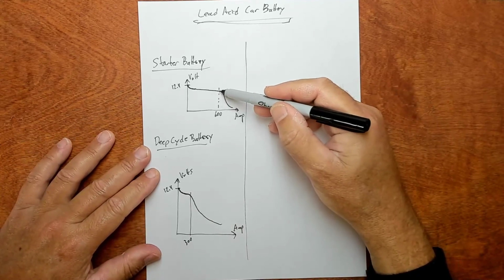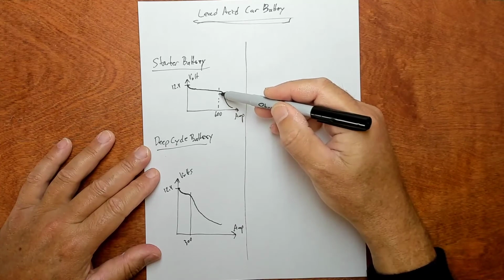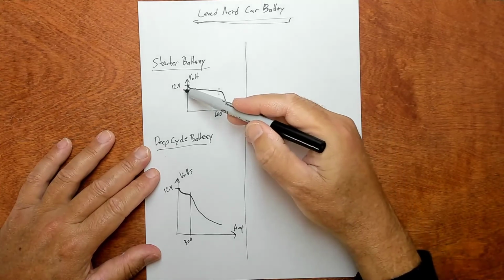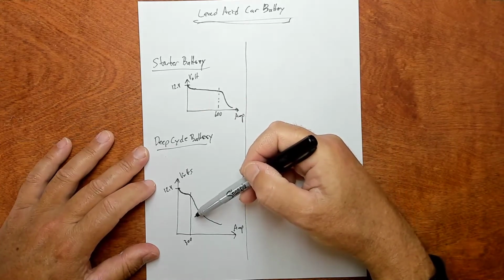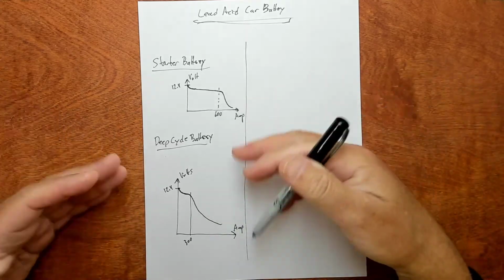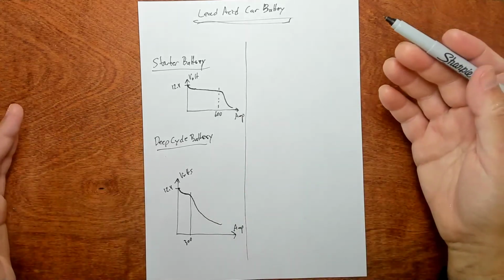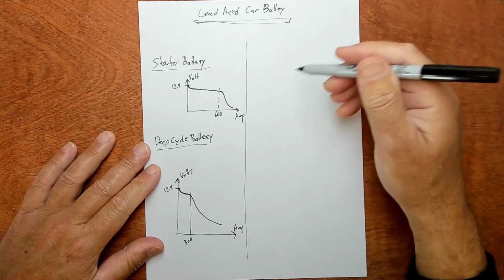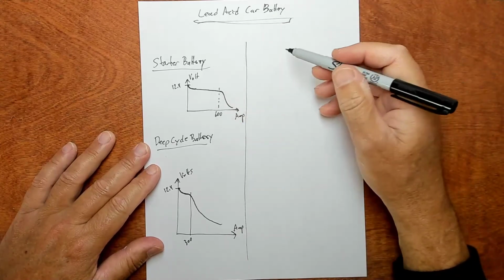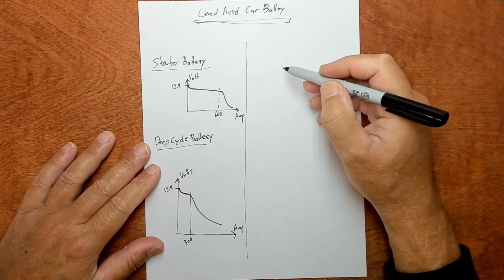So a starter battery puts out high amperage at a reasonable voltage, and deep cycle batteries less so. This is just a characteristic of batteries, but we're talking about modeling in more general terms.